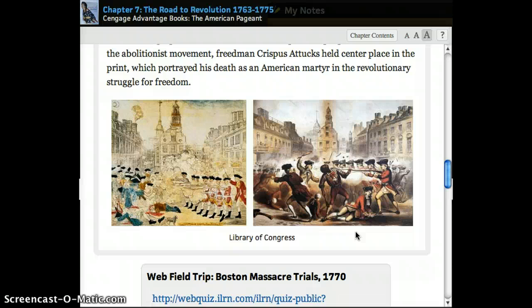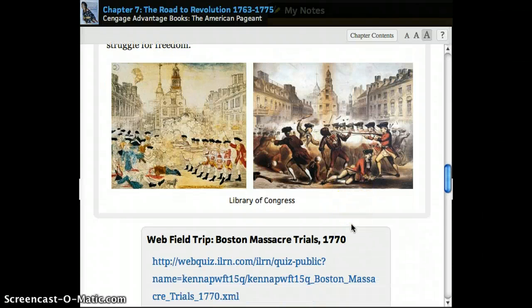There was a trial, and the soldiers were defended by John Adams, as I've talked about in class. We see here that there is, for the first time, real violence. Not just tarring and feathering, not just ransacking homes, not just issuing threats, but actual military violence by the British Army against Americans who are seen completely as innocent here.